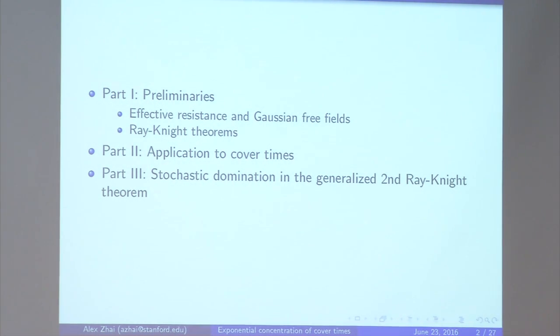In the third part, I'm going to describe a way to overcome that obstacle, by a more detailed understanding of the Ray-Knight theorem. That's going to allow us to sharpen the original bounds given by Ding, Lee, and Peres.